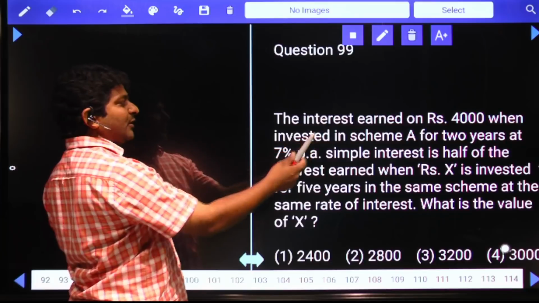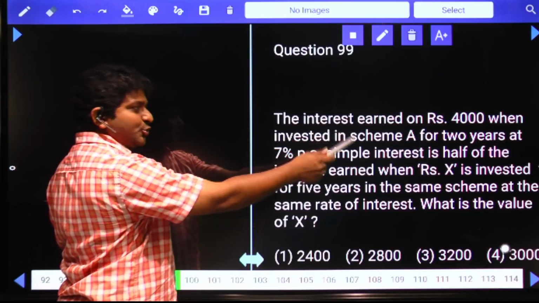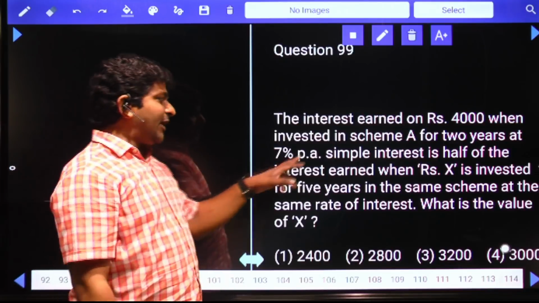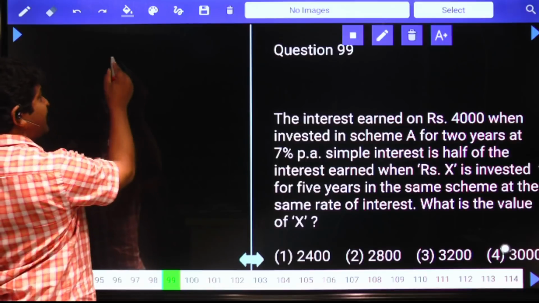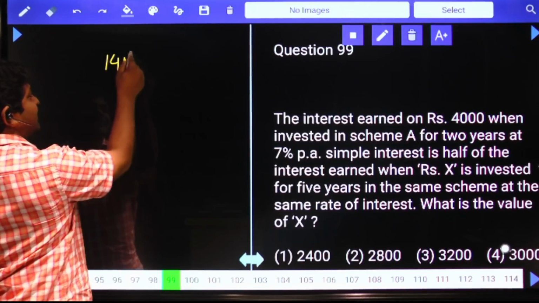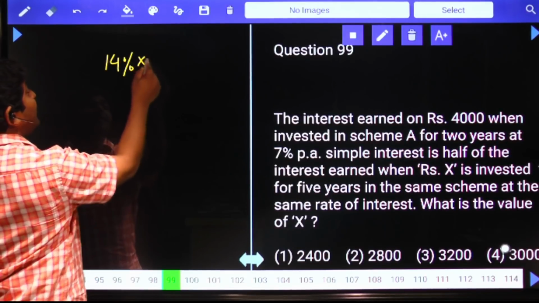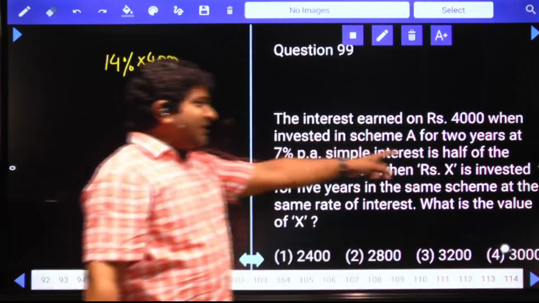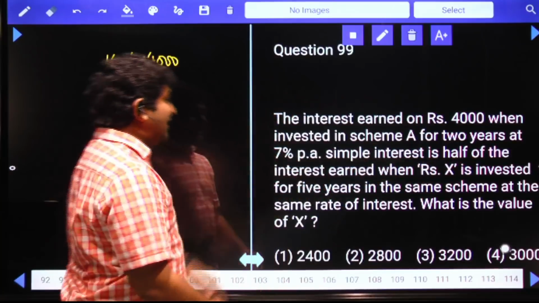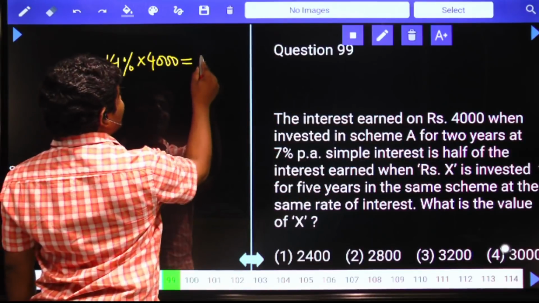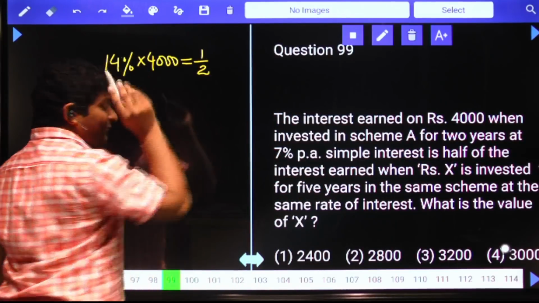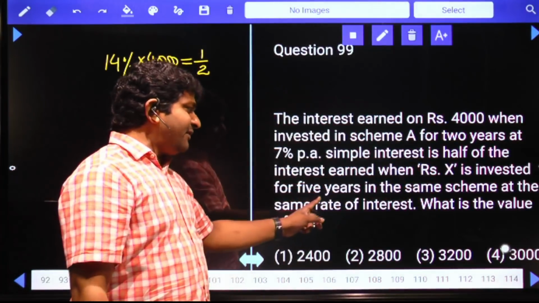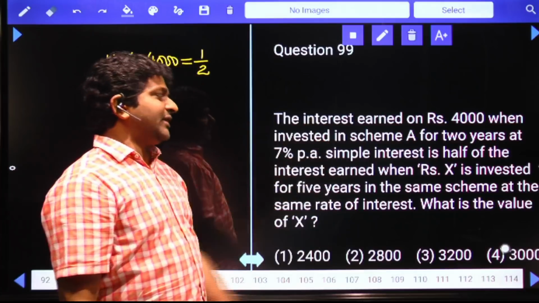Interest earned on 4,000 when invested for 2 years at 7% per annum simple interest. So 7% per annum simple interest, in the sense, how much percentage will we get? 14% interest we will get upon 4,000 principal, and this is half of the interest earned when X rupees is invested for 5 years at the same rate of interest.